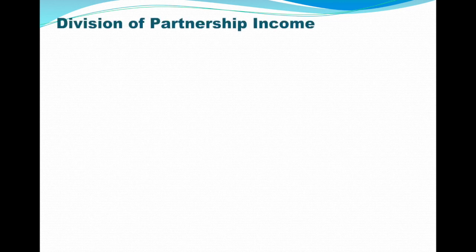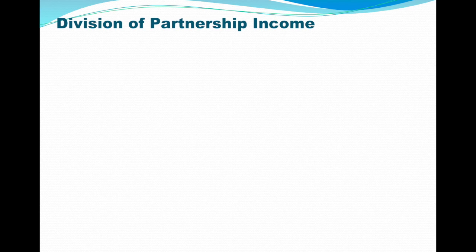So we looked at a very basic division of partnership income last video, where the partnership was 50-50, but often partnerships won't be 50-50. If one partner were to bring, say, a building, cash, and expertise, and another partner brought cash and expertise, then the partners might agree that the person who brings more gets more.